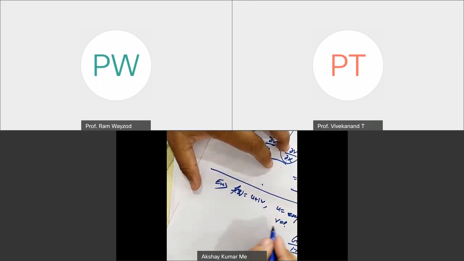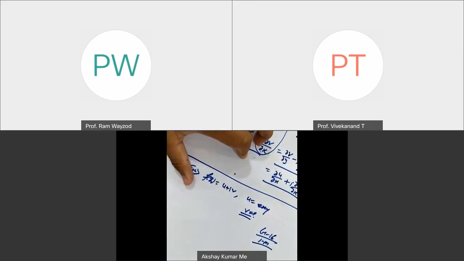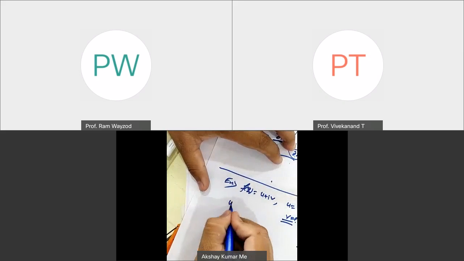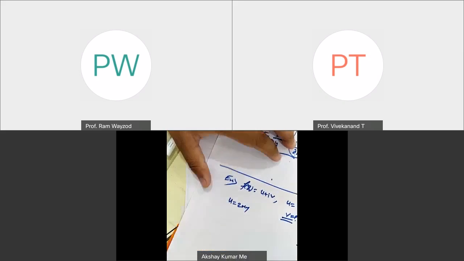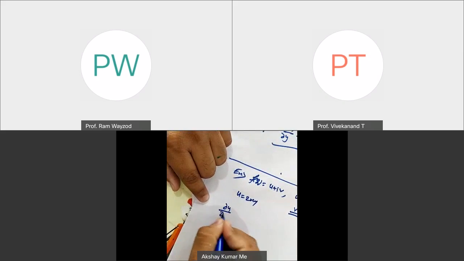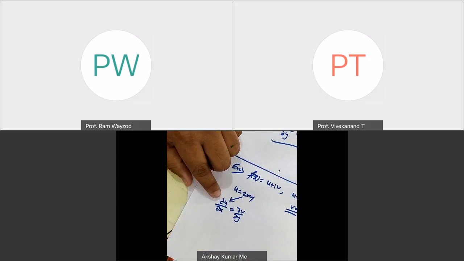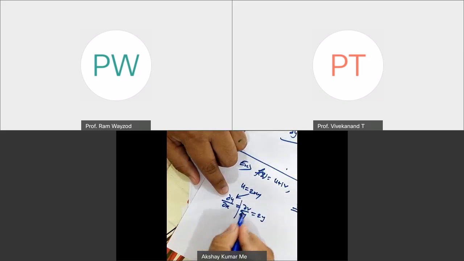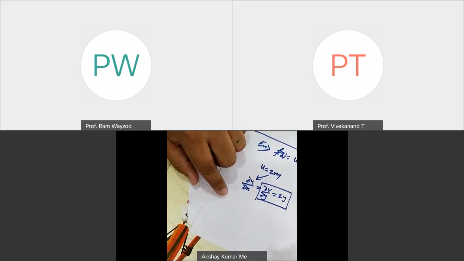So we have to calculate v, and we have u equal to 2xy. So del u by del x is equal to del v by del y, and the derivative of u with respect to x is 2y. So the value of this is 2y.